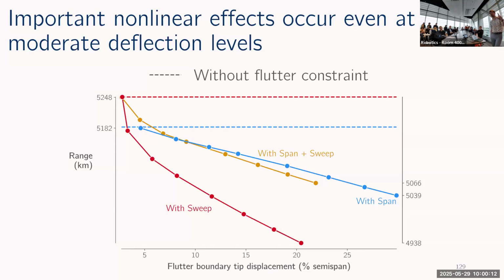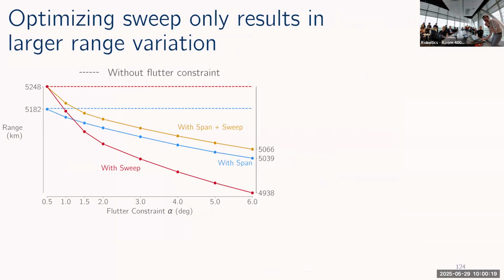So if you plot, I might have a plot of that actually. Yeah, here we go. If I plot it instead against that angle of attack, comparing like for like optimizations, you see the blue line is always below the yellow line.